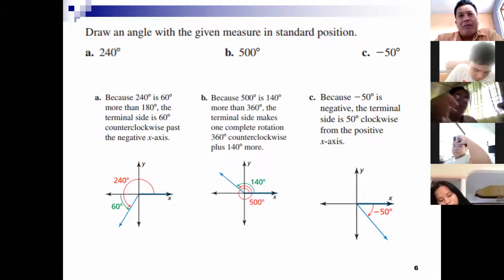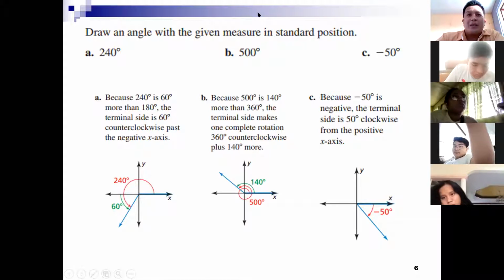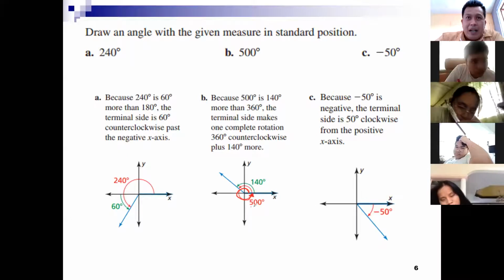And indeed, you have one complete revolution plus 140 degrees more. So from the positive abscissa, counterclockwise direction. So until here is 360. But our angle is 500, so we have to go 140 more. So there you have the angle at 500 degrees.